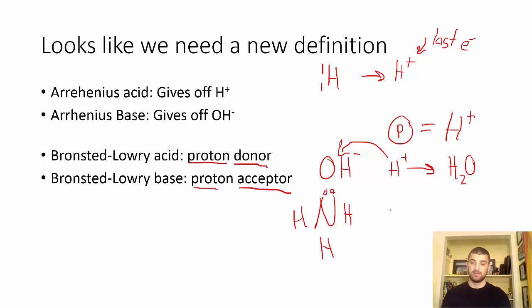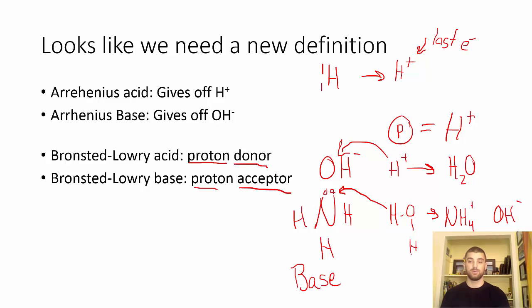So we got H2O here, and the water can actually donate a proton to the NH3, so that we end up with NH4 plus and OH minus. So in this case, the NH3 would be the base because it accepts a proton, and the H2O would be an acid because it's donating.